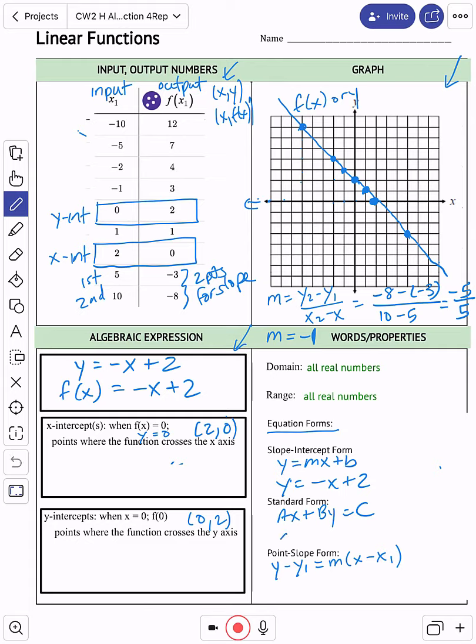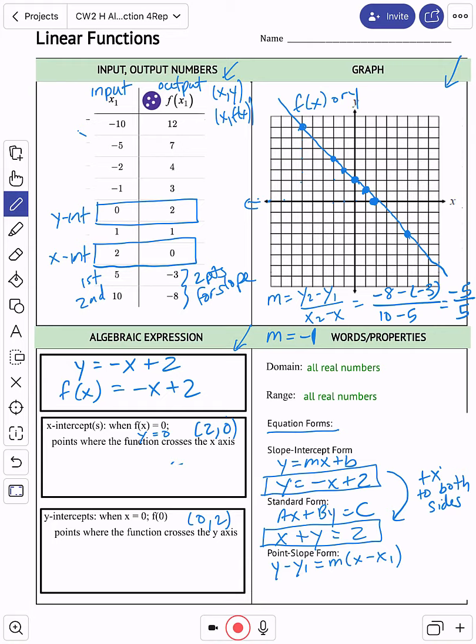So I'm going to end up with x plus y is equal to 2. All right, so this is one form. There's the second form. And to go from this one to this one, I added x to both sides. One of the things that working with linear function different forms does for you is strengthens your practice in solving equations.